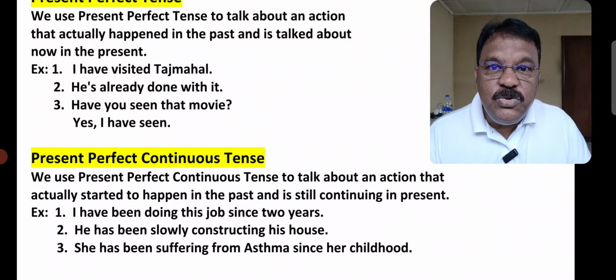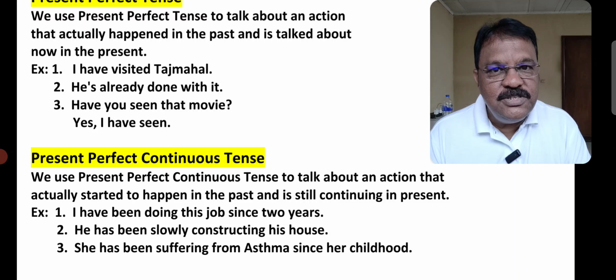So if you want to say to someone that someone is suffering from any disease from sometime in the past until now, then you have to use present perfect continuous tense. You got it? Good. My dear friends, I believe you have understood the different uses of present tense.